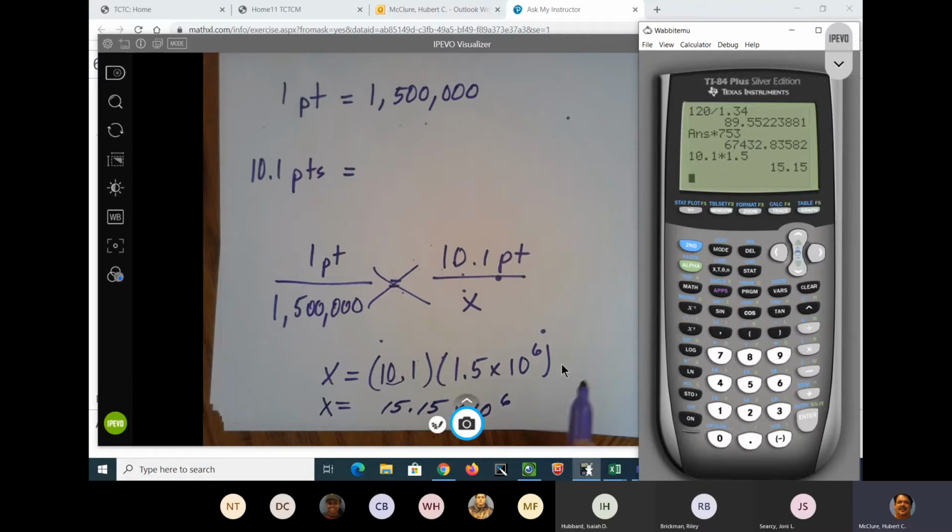And that's going to be a big number. So I don't know how they want it, but it's going to be 1515 and a lot of zeros.